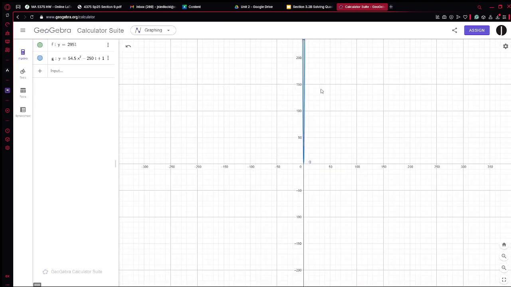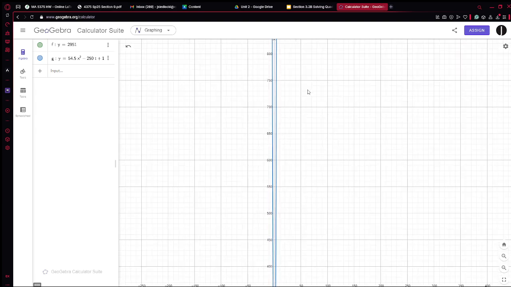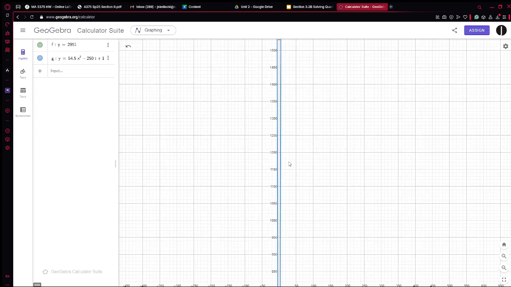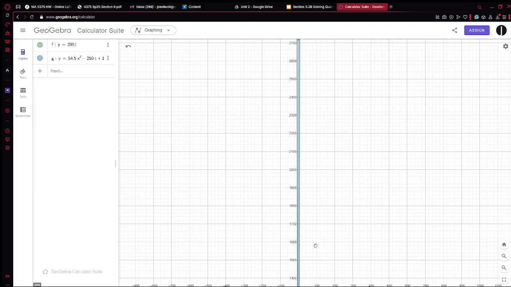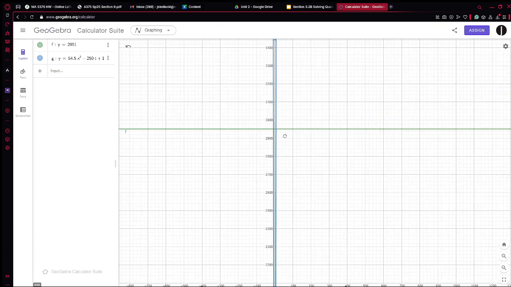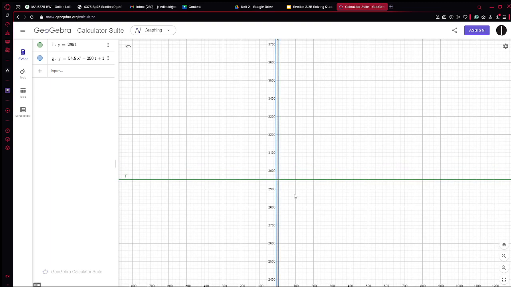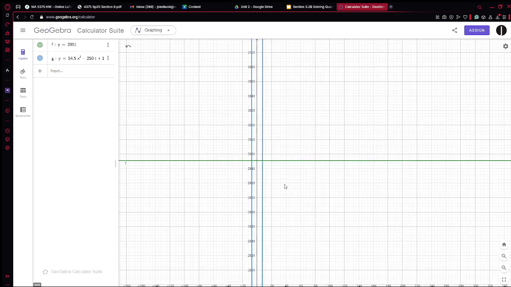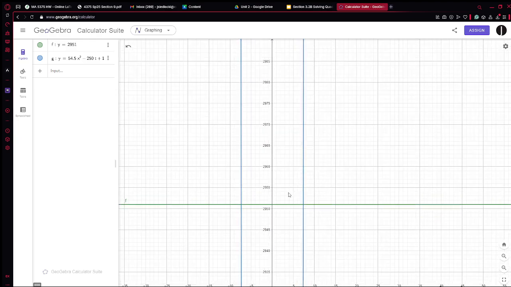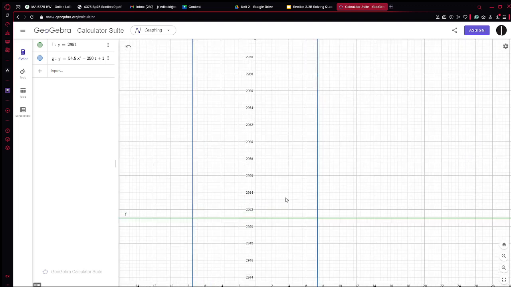So if you said we are looking for the intersection, then you would be absolutely correct. So what I need to do now is I need to find where these two things intersect. So I'm going to have to zoom out so I can see this line y equals 2951, and I want to see where does that intersect my new graph of the given equation.